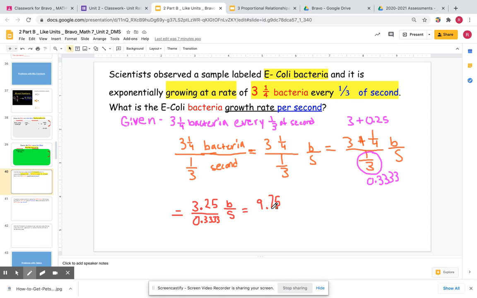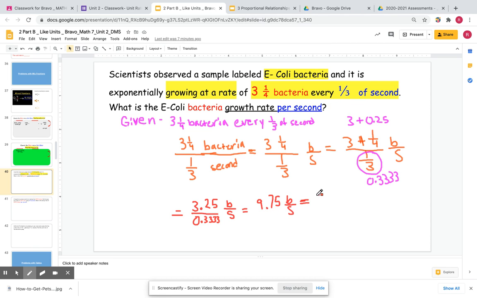That's all I care about right now. It's not just 9.75. It's really talking about bacteria over seconds. But as I emphasized in class, we need to talk about fractions when we're talking about rates and unit rates. And right now we have a unit rate, but it does not look like the correct format.